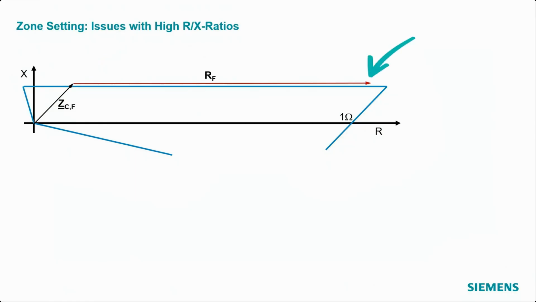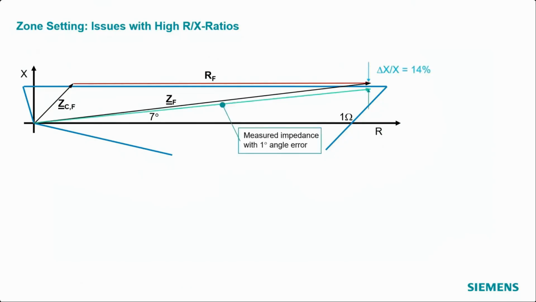That means the total complex impedance to the fault, piece of cable plus fault resistance, would be this one. And this complex impedance itself has an angle of only 7 degrees. And if we now assume only 1 degree angle error, we end up here.